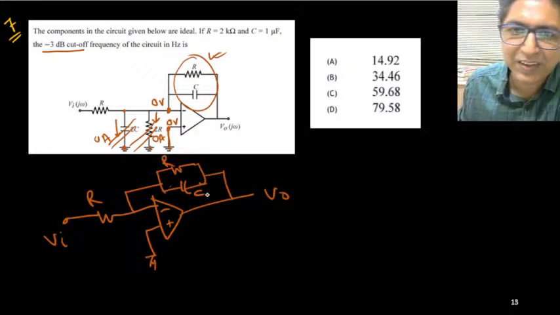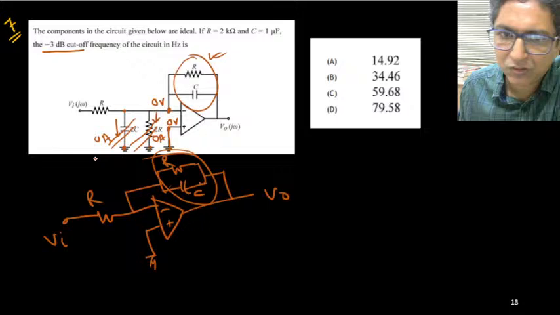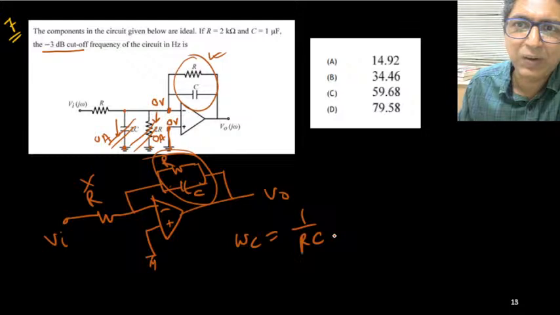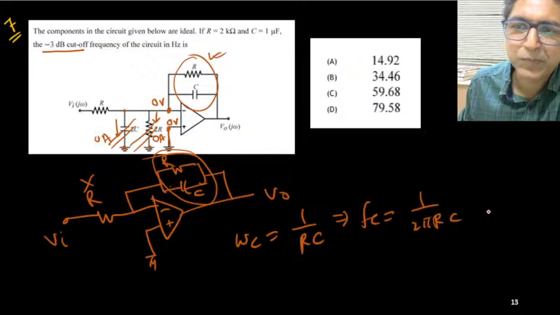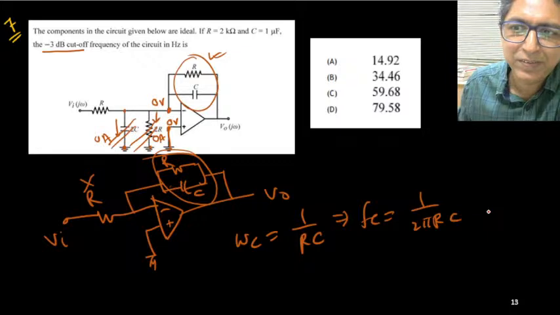Already I have discussed that the 3 dB cutoff frequency depends only on these things. It does not depend on this one, which provides the gain only. So what is omega C? It's simply 1 upon RC. Now you can calculate FC. The linear frequency FC is 1 upon 2 pi RC. All the values are given.